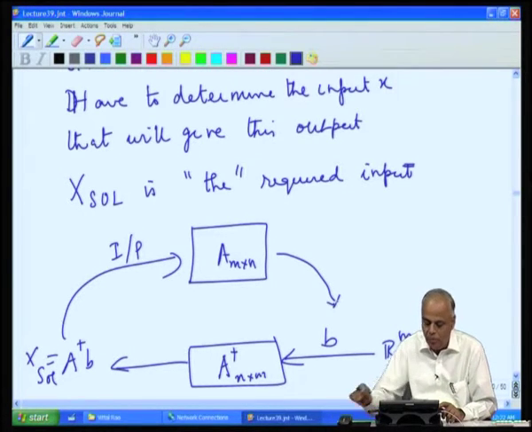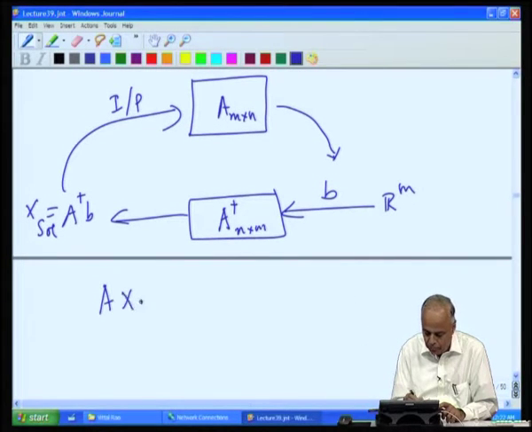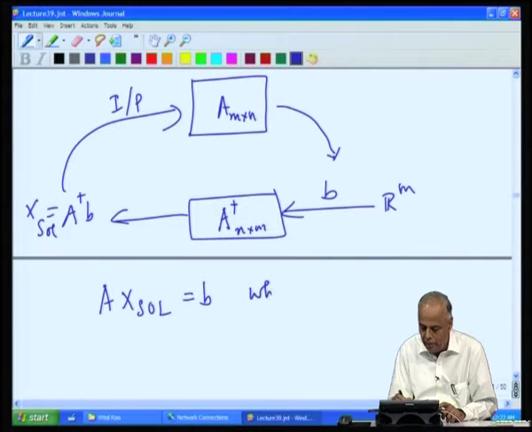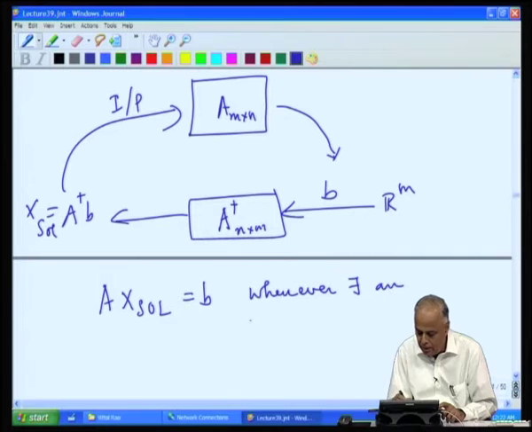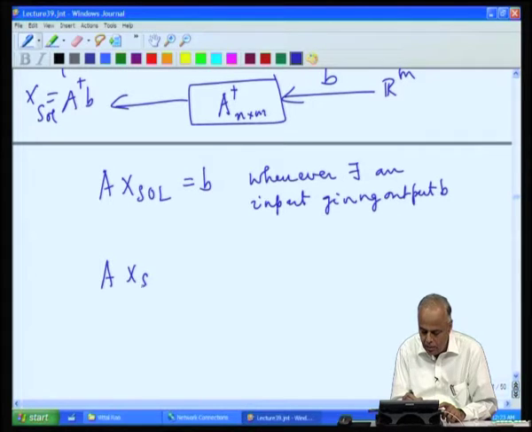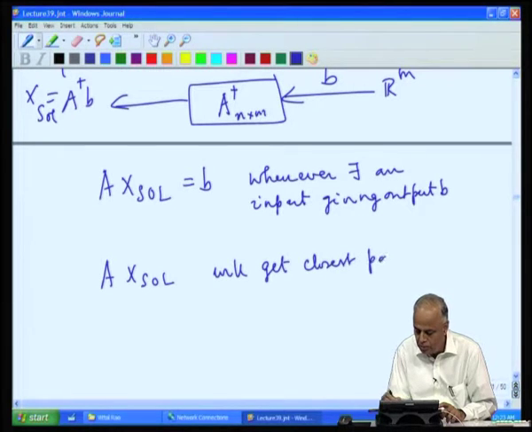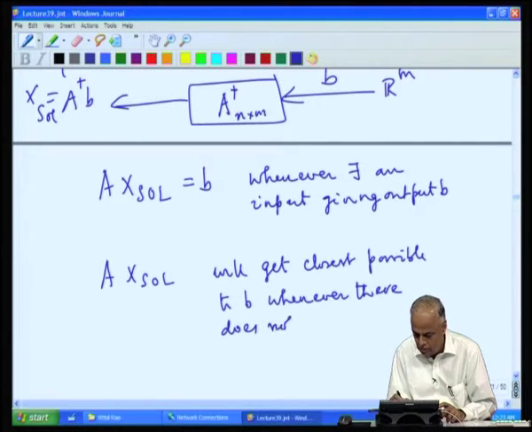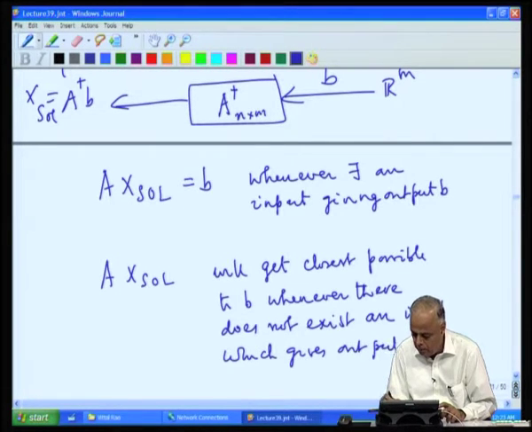So, it will get closest to B. So, A x sol will be equal to B whenever there exists an input giving output B, and A x sol will get closest possible to B whenever there does not exist an input which gives output B exactly.